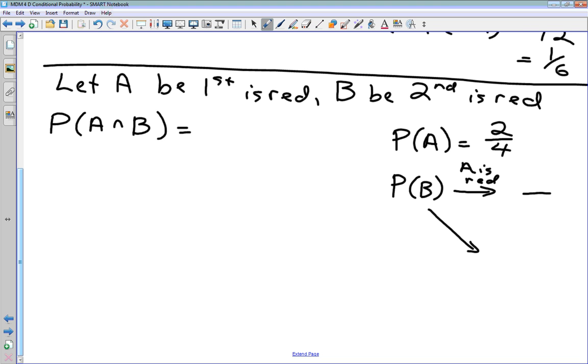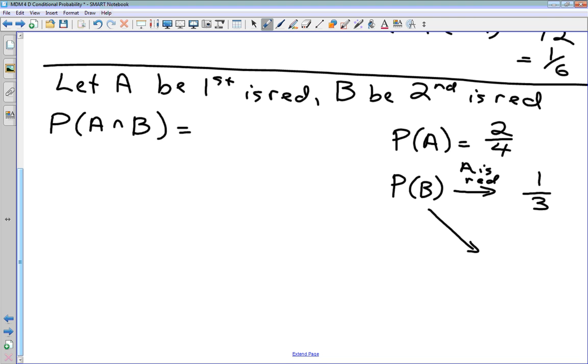There are 3 cards left because we've already taken one out. And if A occurred, there's now only 1 red card left in the deck. So the probability of getting a red card for our second one is 1/3.